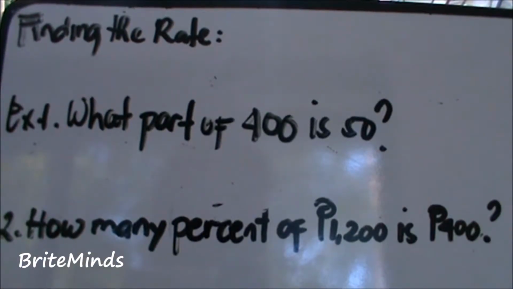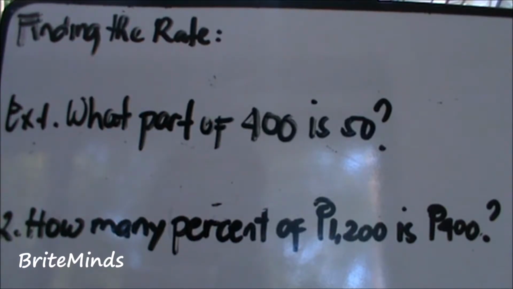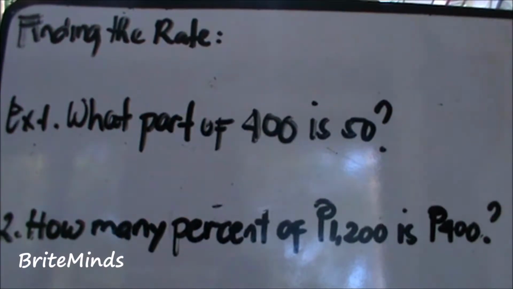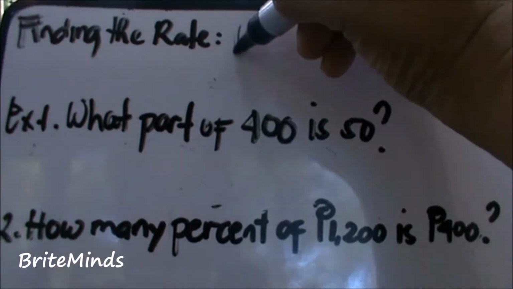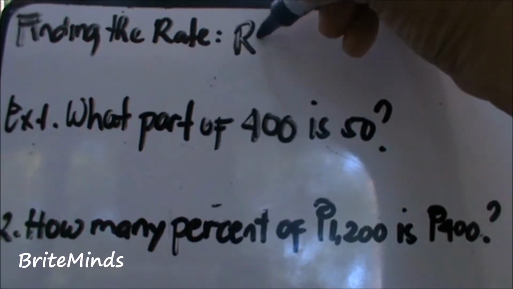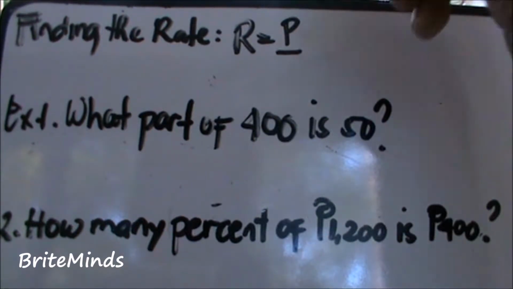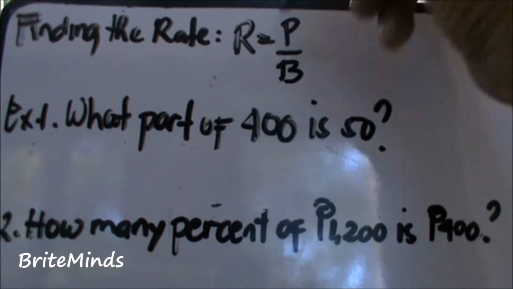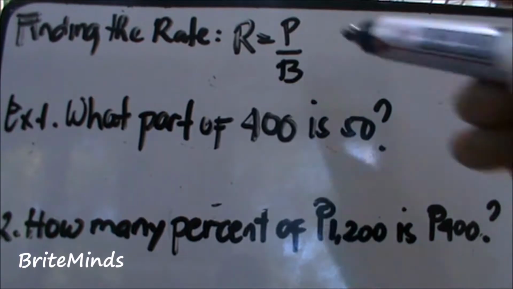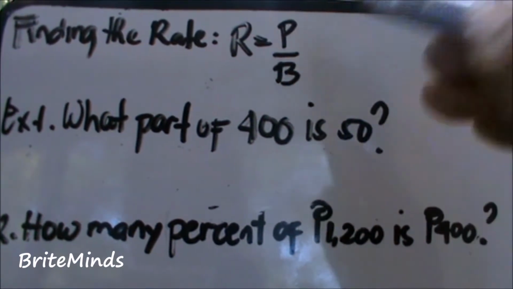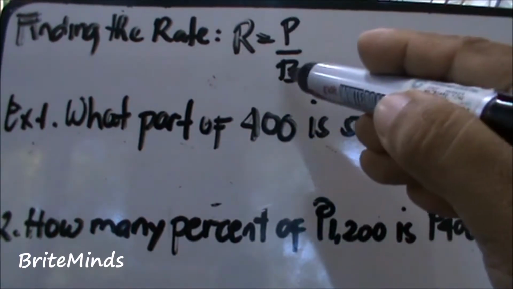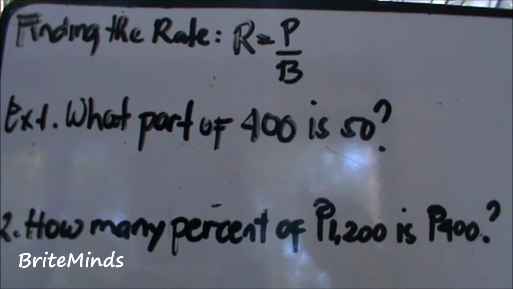Finding the rate. To find the rate, divide the percentage by the base. So we can use the formula rate equals percentage over base. So R is the rate, P is the percentage, and B is the base.